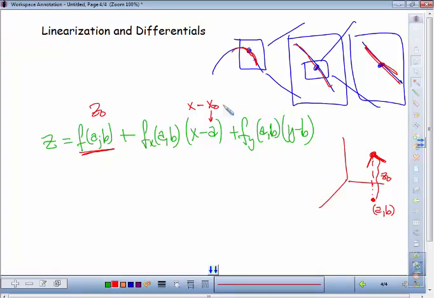And so sometimes they end up calling this delta x. So there's an offset in the x direction, and then there's another offset in the y direction.